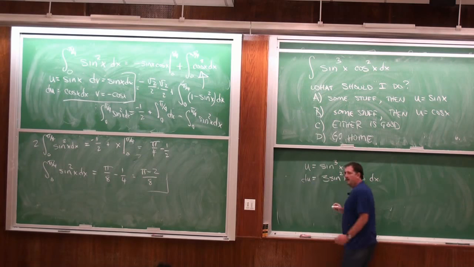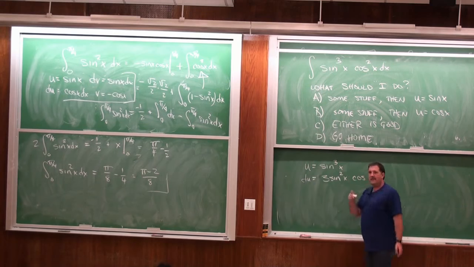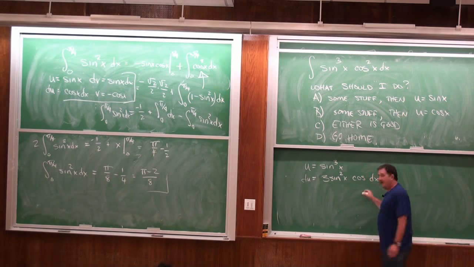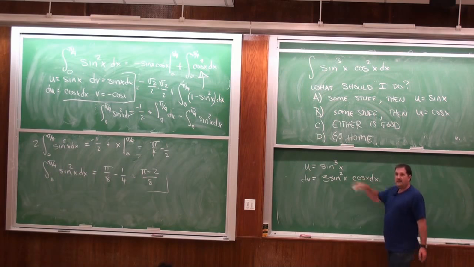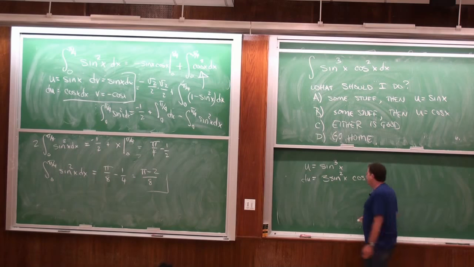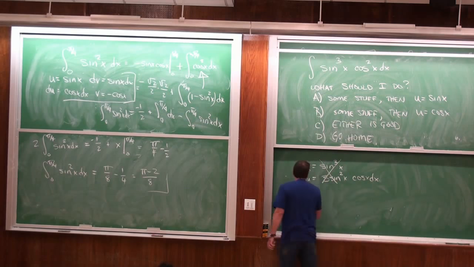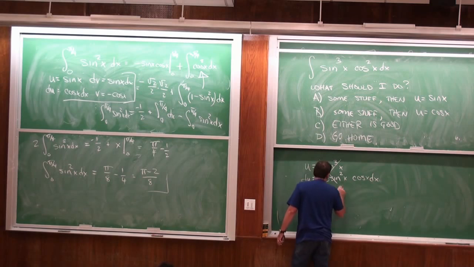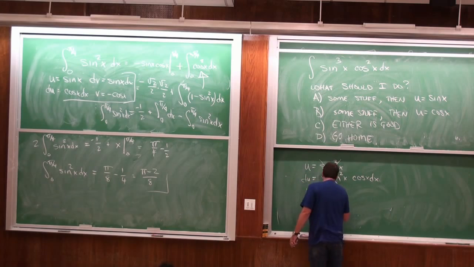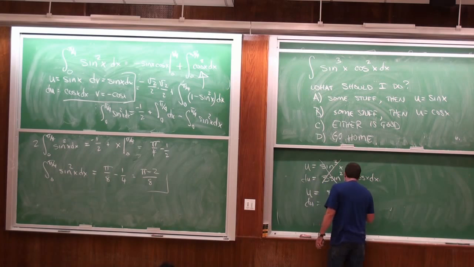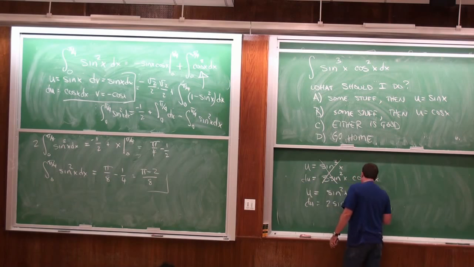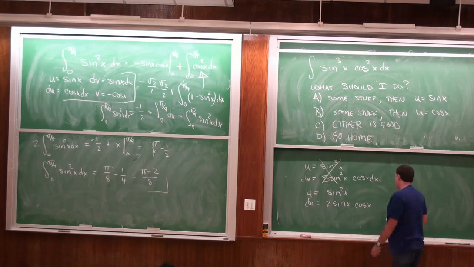Well, he said cube. So cube isn't going to work because now I have an extra factor. This is a bad idea. u equals sine squared. So then du is 2 sine x cosine x. Hey, that one works. No, it doesn't.